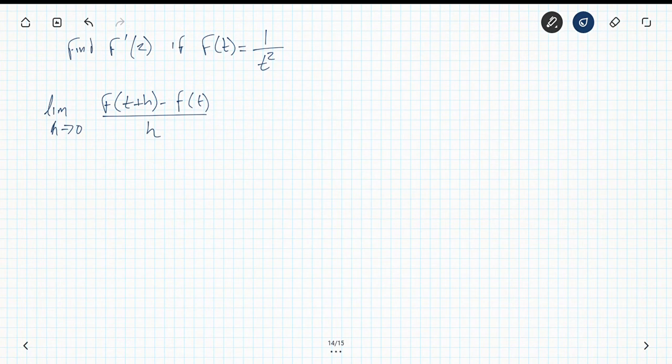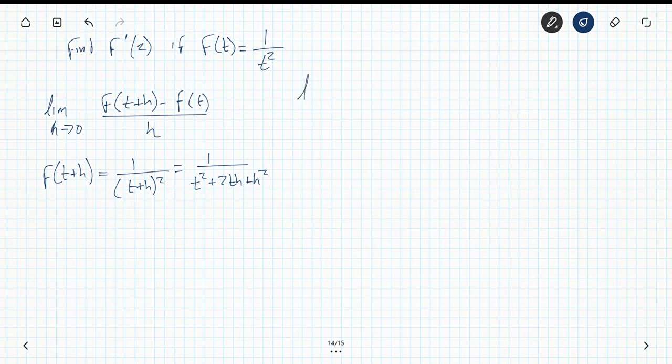So let's evaluate that. f of t plus h is going to be 1 over (t plus h) squared, which incidentally, if you expand, is going to be 1 over t squared plus 2th plus h squared. Okay, so now we know what f of t plus h is.